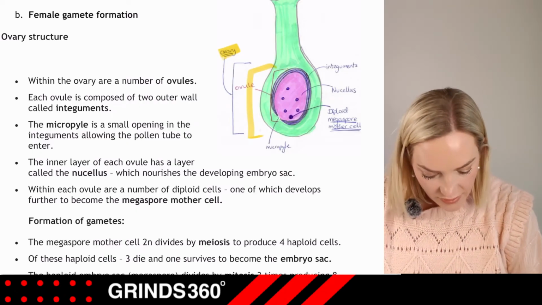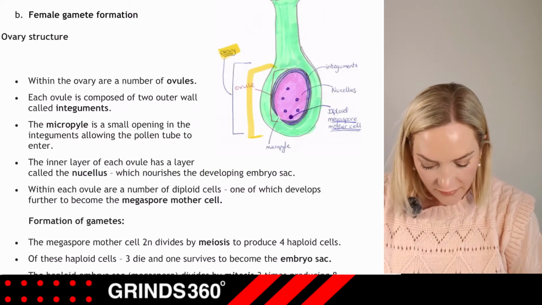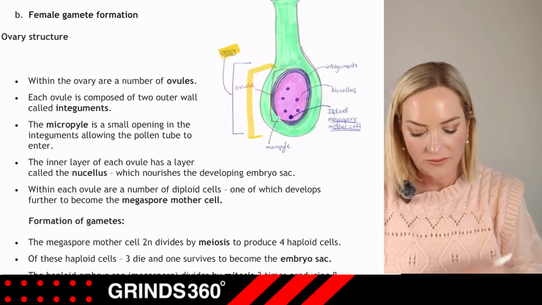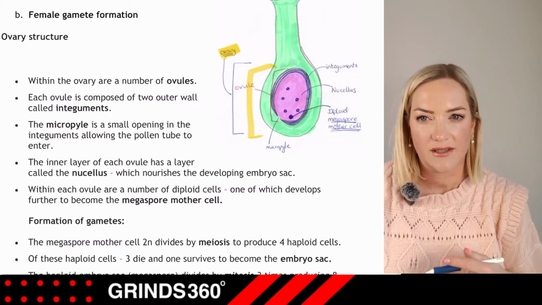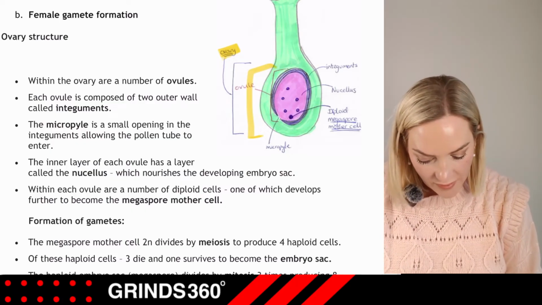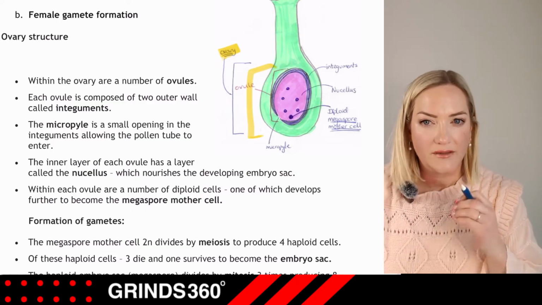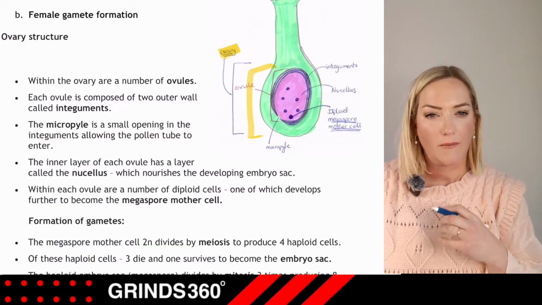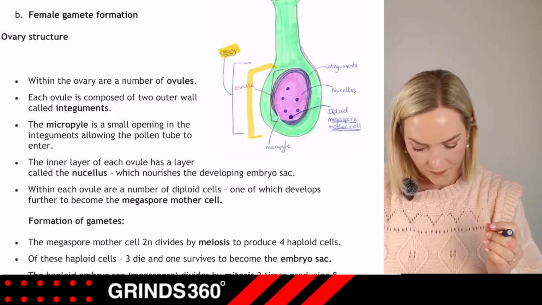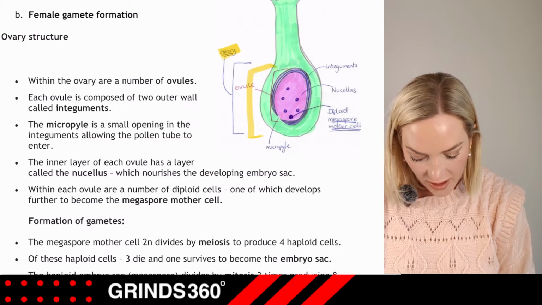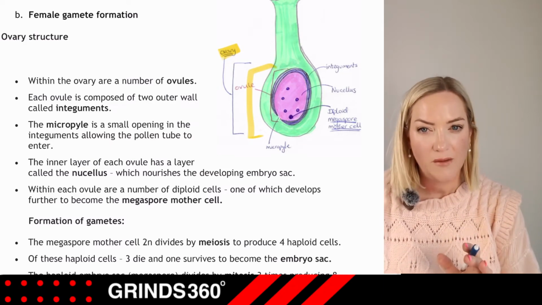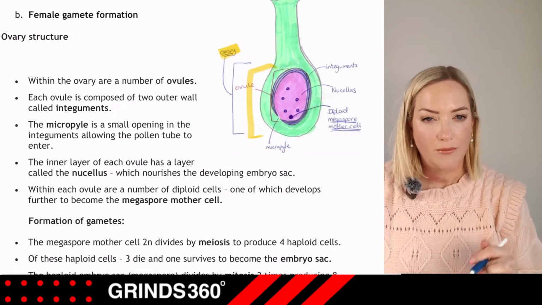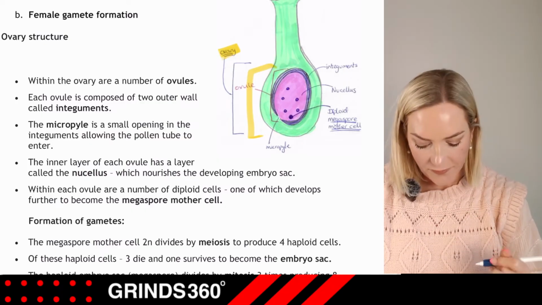Each ovule is composed of 2 outer walls, and these are your integuments. At the end, we have a micropyle, a small opening of the integuments, and that's where our male gametes are going to pass through. Your inner layer, each ovule has a nucellus, which we'll talk about in a moment, and that's where the developing embryo is going to get its nutrients from.